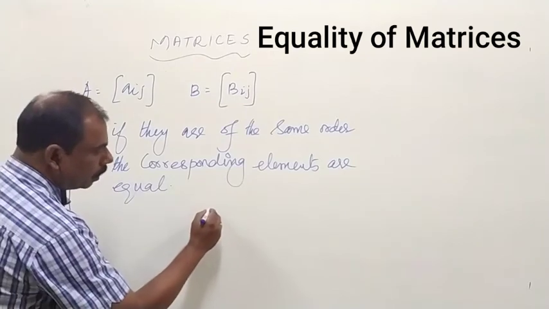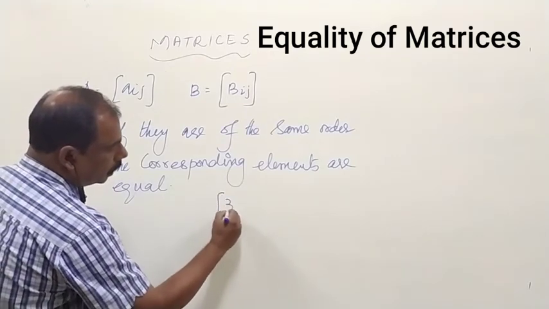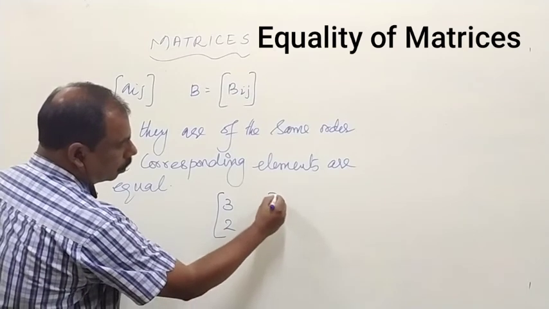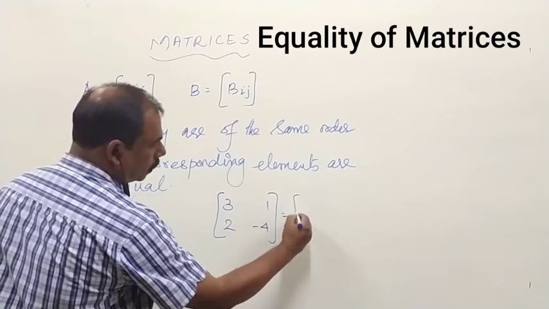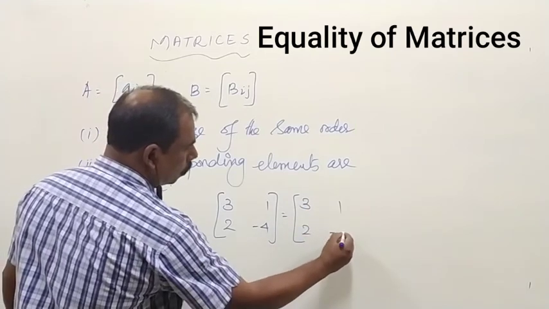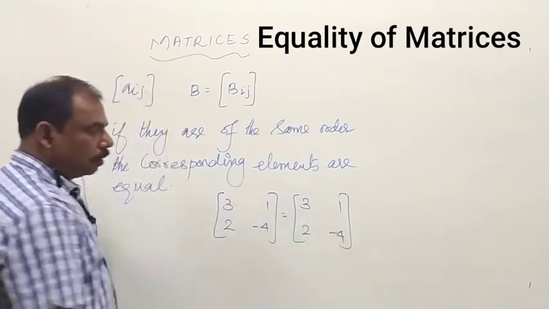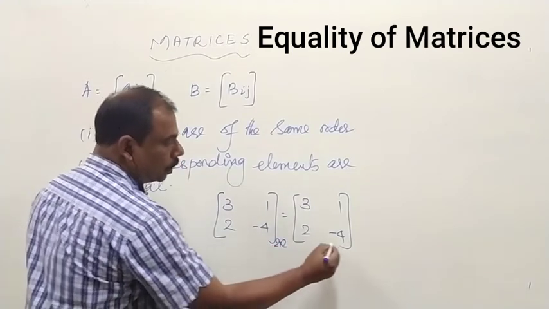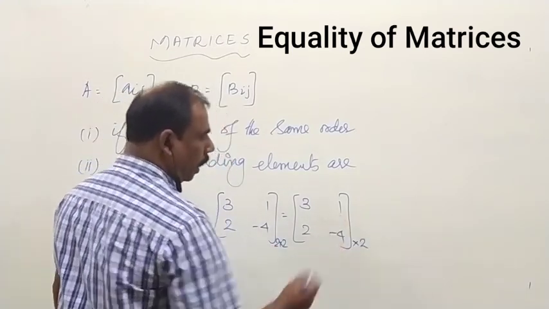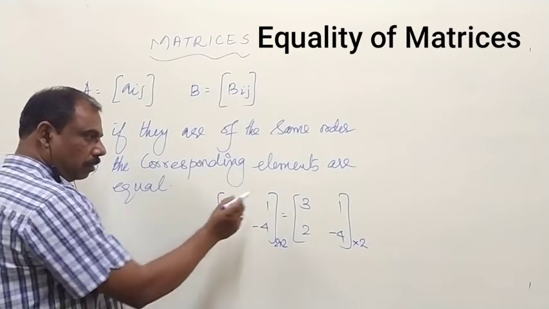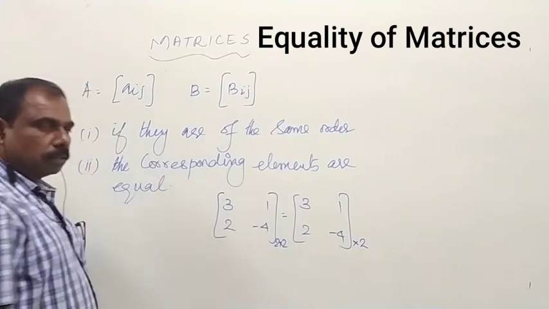Say for example, the matrix 3, 1, 2, minus 4 is exactly equal to 3, 1, 2, minus 4. These two matrices are of order 2 by 2, and the corresponding elements are equal, that means the first element of the first matrix is equal to the first element of the second matrix.